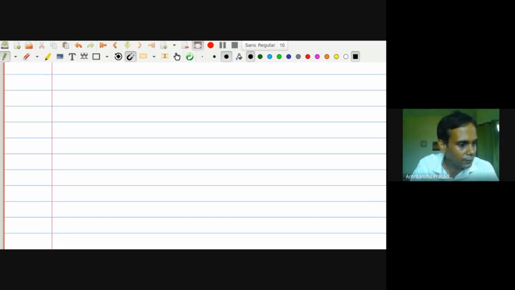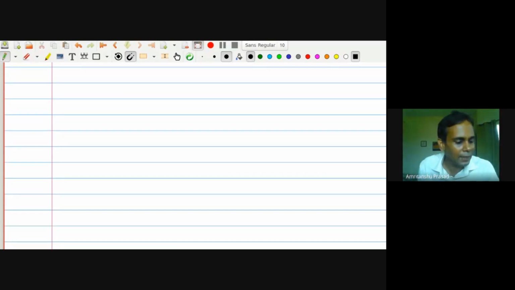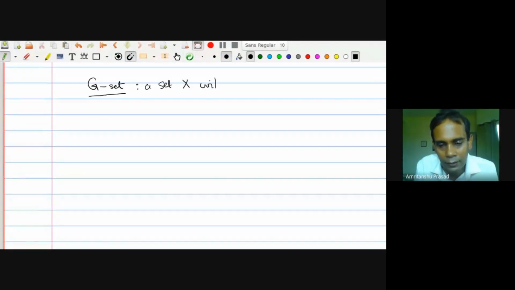I'll move on. So now the other thing I need to discuss is group actions and orbits. So I'm going to use this terminology of G-set. Basically it is a set X with an action of G. Let me explain what a group action is.